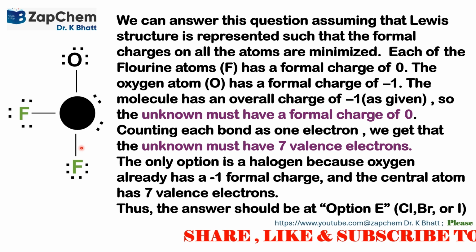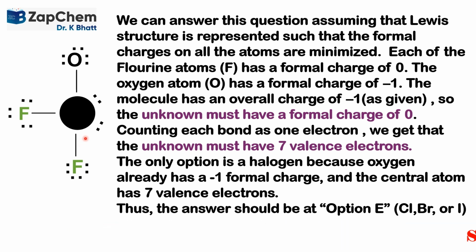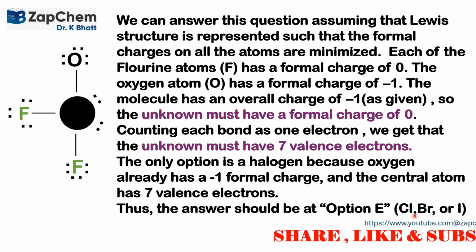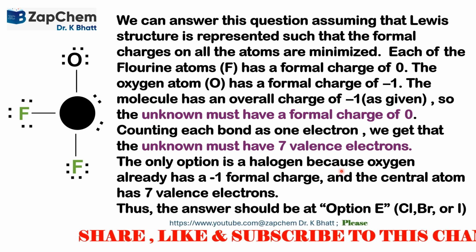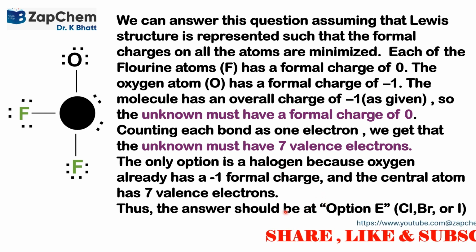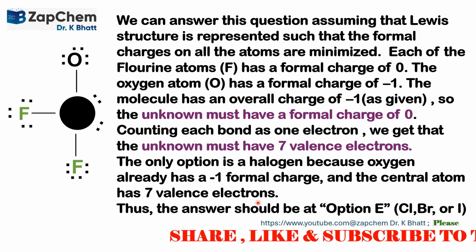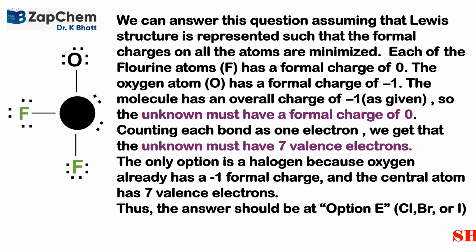It calls for an element related to option E, that is chlorine, bromine, or iodine. The only option is a halogen, because oxygen already has a -1 charge that is given here. The central atom must have 7 valence electrons, and therefore option E is the correct answer.